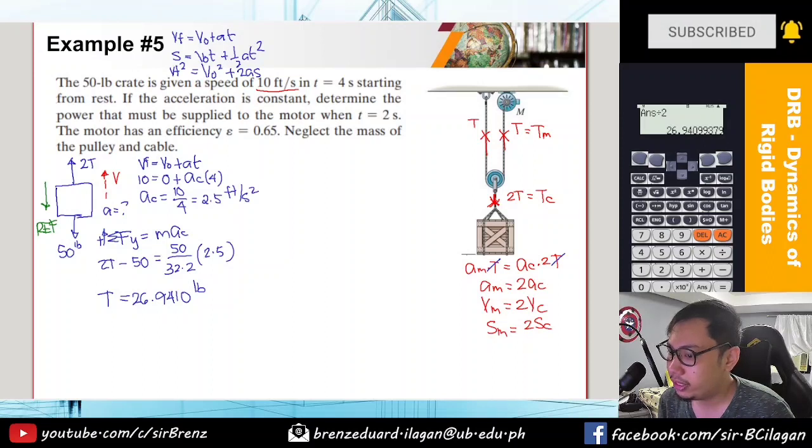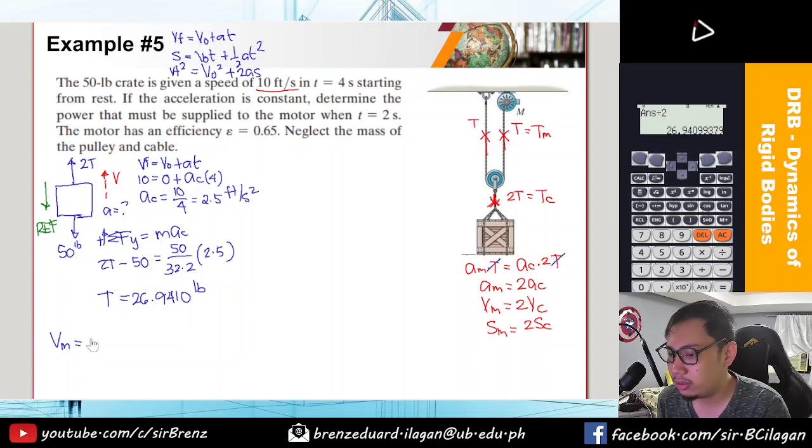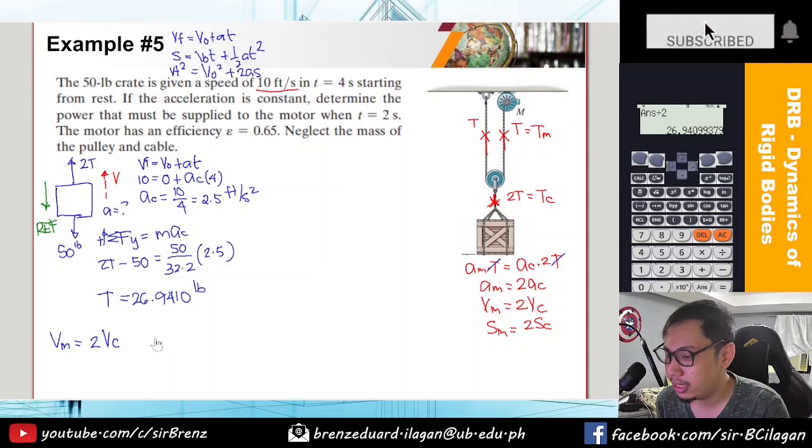we get the value of the velocity at the motor. Okay? So from the relationship again, the velocity at the motor, or at this point, is equal to 2 times the velocity at point C. However, what we need to determine is the power supplied by the motor when the time is 2 seconds.